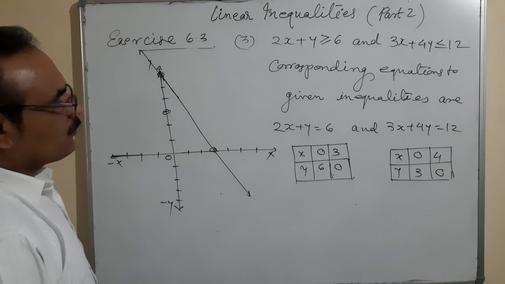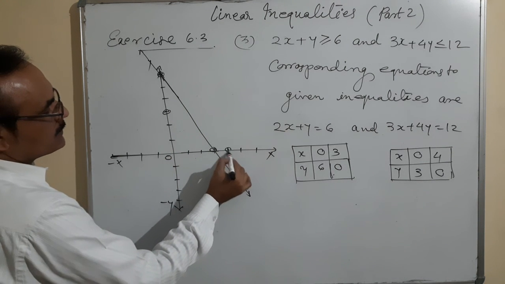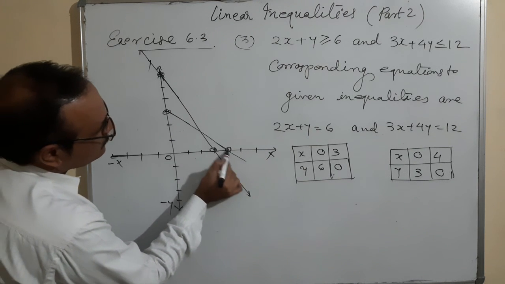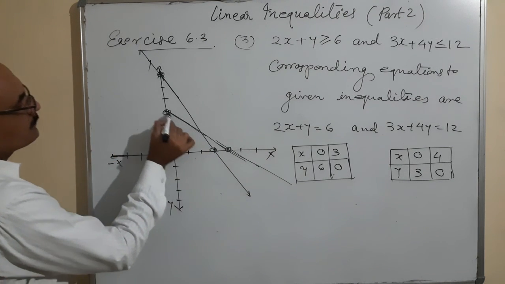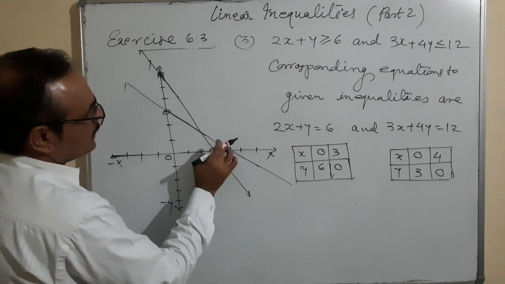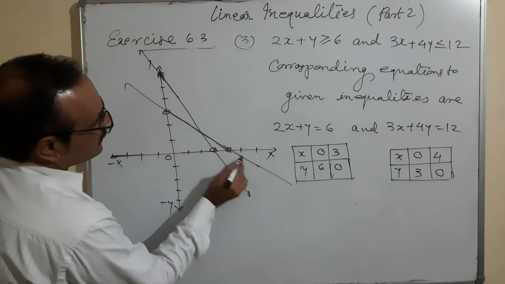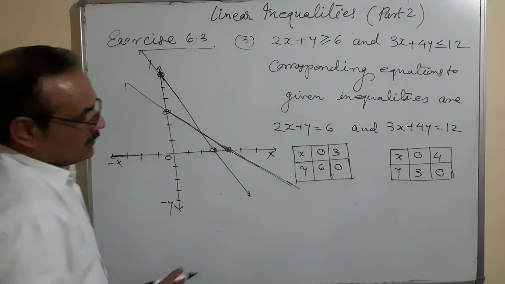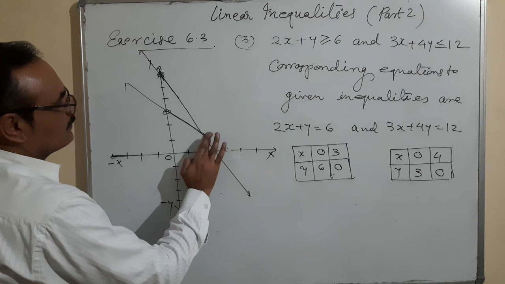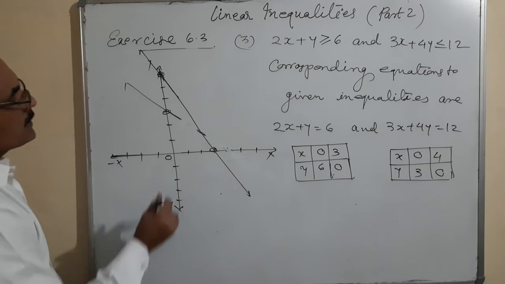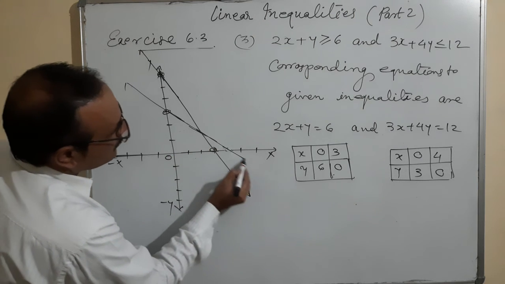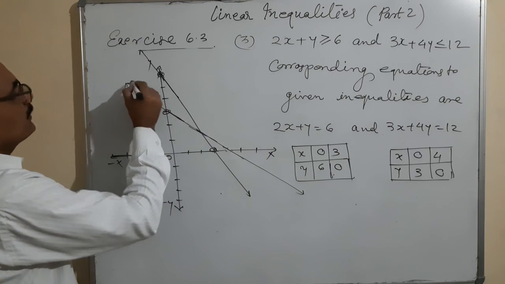And x 4, y 0. Okay. So many lines are there. There could be a single line from here. Okay, right.